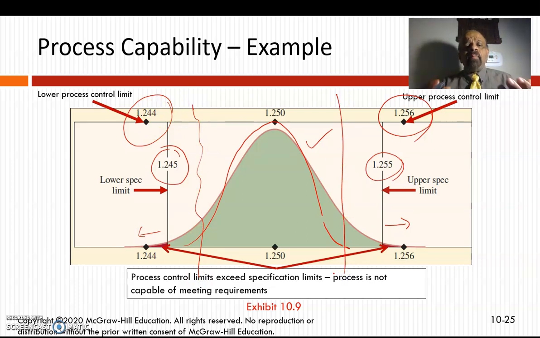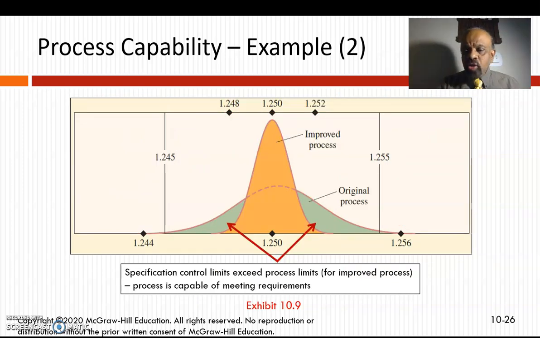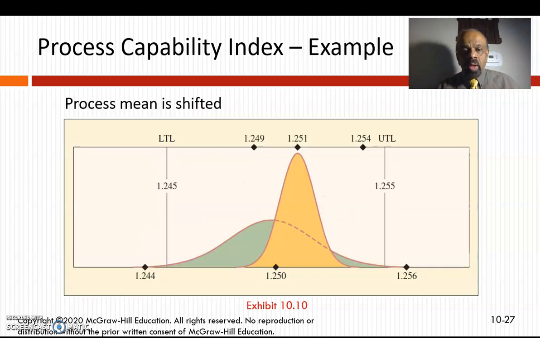Okay, then you have a much better process. So let's take a look at it. You have an original process, which is this, and if you squish this, it becomes an improved process. So now you're having better controls of the process. We haven't changed the specification, but it's just squishing such that you're going to have a better control. So control limits are the main things in this whole process capability.